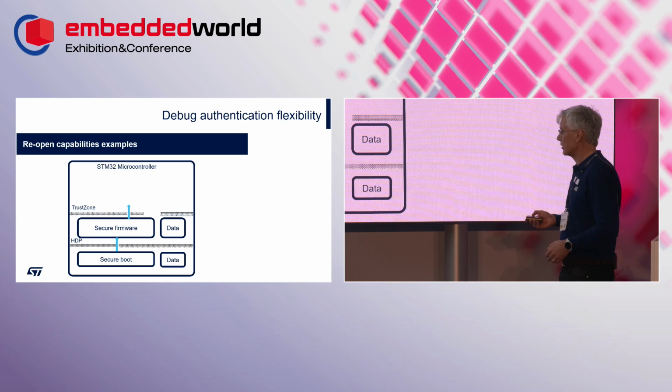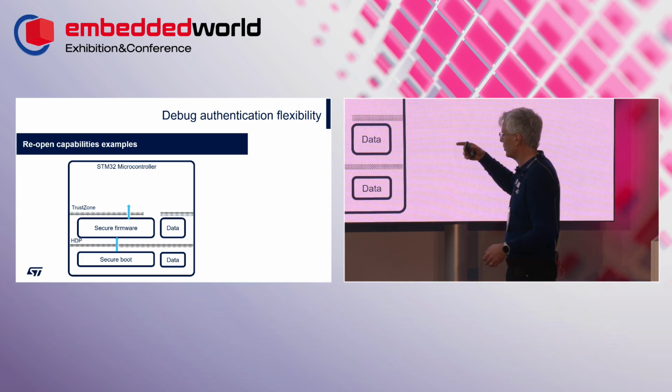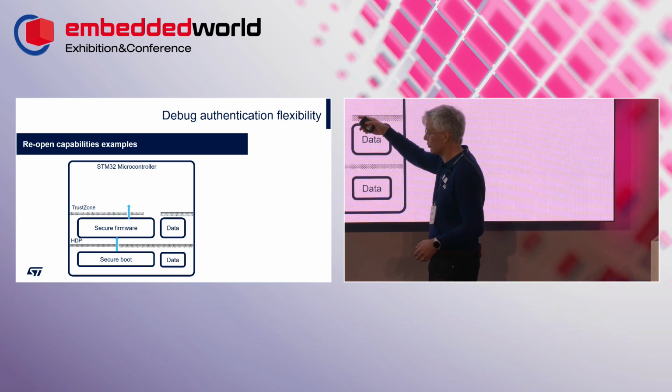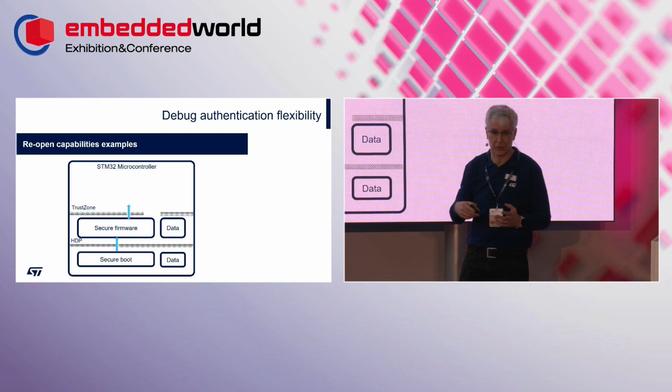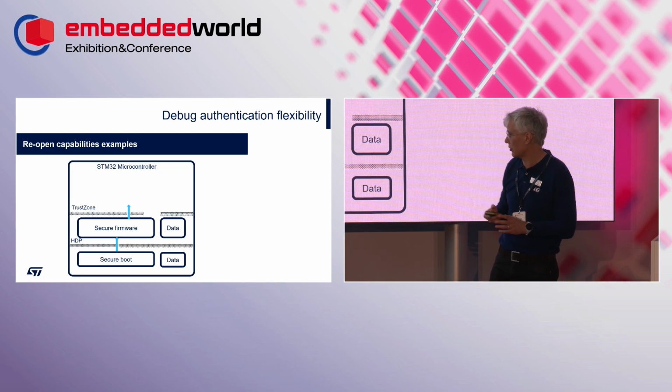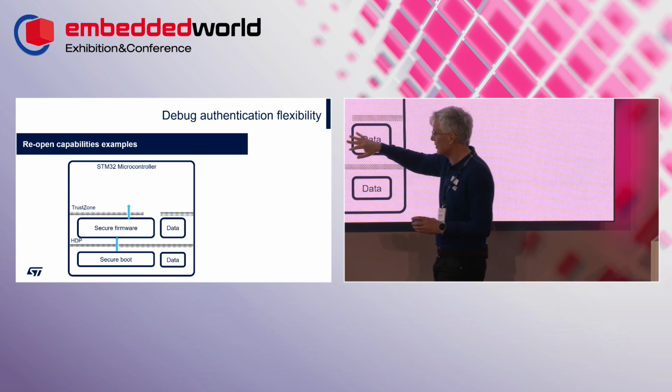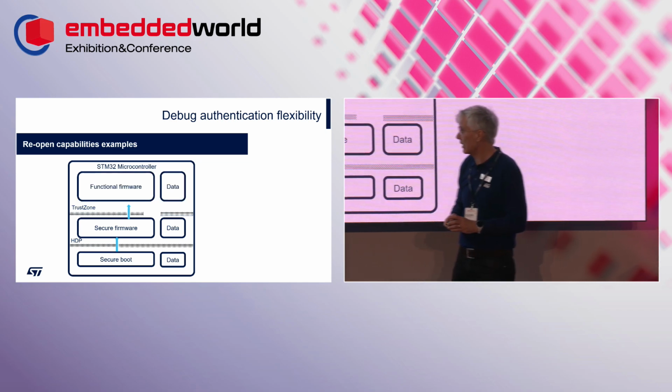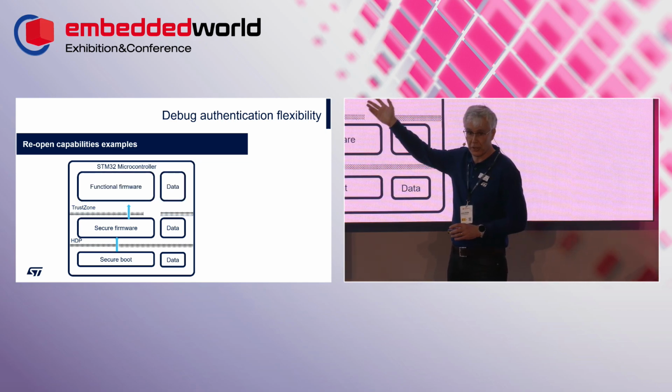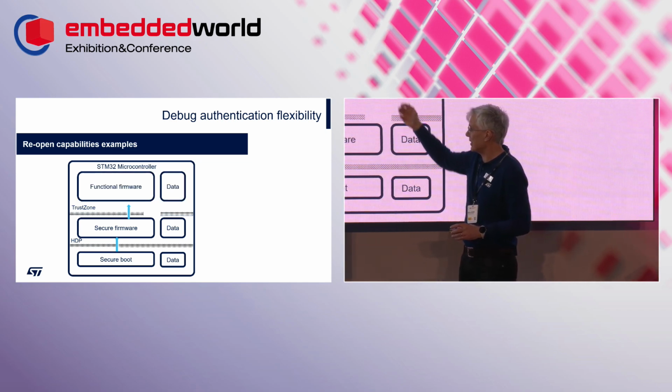And there is a second level of isolation that is TrustZone. So on the new Cortex-M33, for instance, you have this TrustZone mechanism. So on one side, you have the secure firmware, and on the other side, you have the functional firmware with its data.